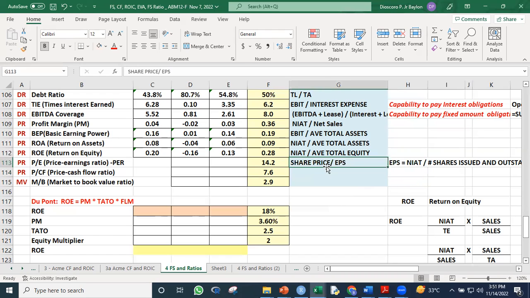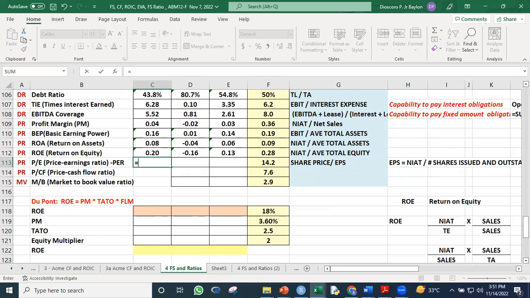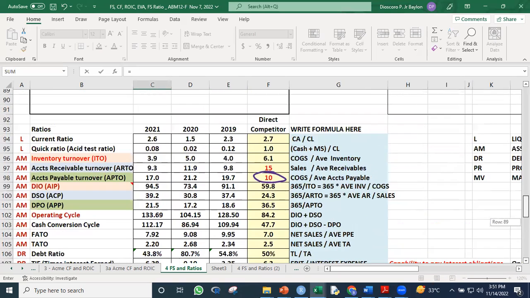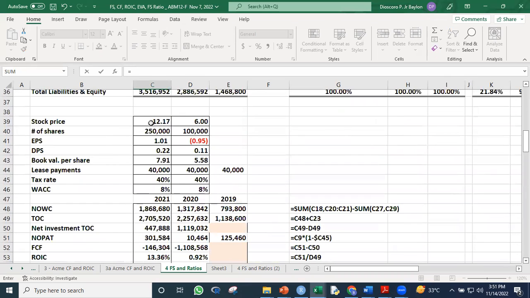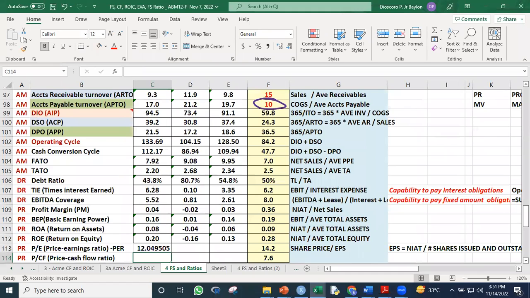So actually, these are share price, no? So meron given yung share price natin. Share price is this one. And then binigay na sa atin yung EPS. Kinumpute na. Earnings per share. This is 1.01. There.